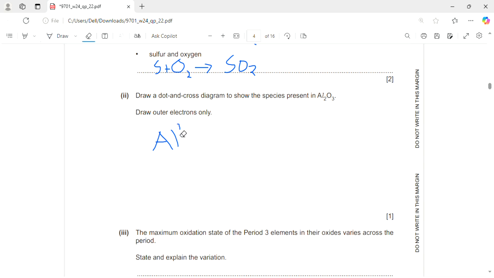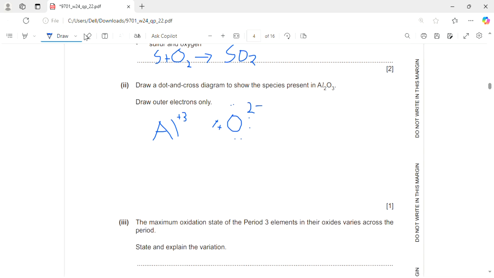And oxygen will gain 2 electrons. So here we draw, I am just making it in the correct manner. So move to the next part.